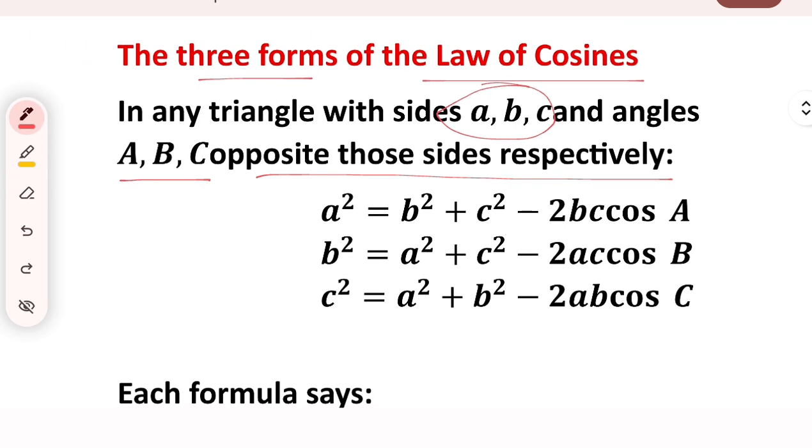The 3 forms. The first one we have here, remember, the smaller letters are the sides, and the big letters are the angles.